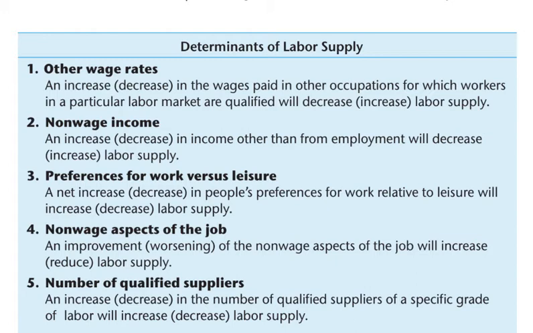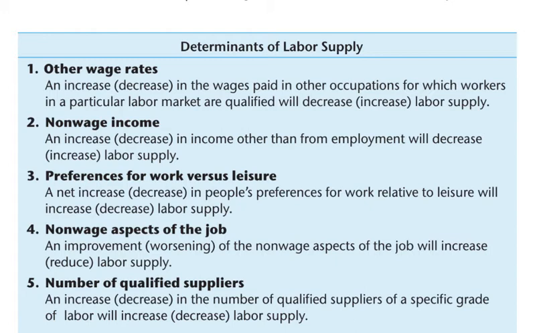The first one is when there is a change in other wage rates. For example, someone who can work as a paralegal with the same qualification can also apply for other jobs. Now let's assume that there is an increase in the wage rate for secretaries.